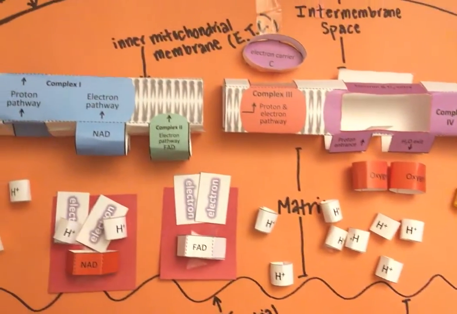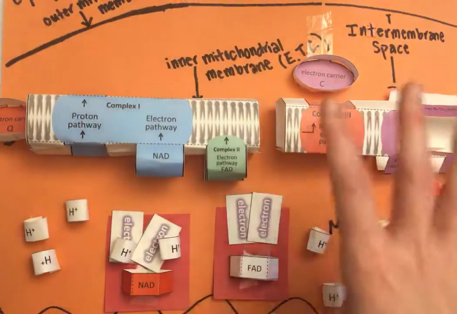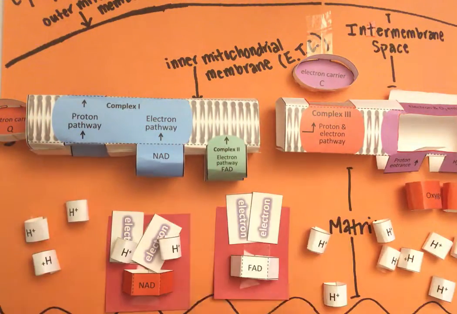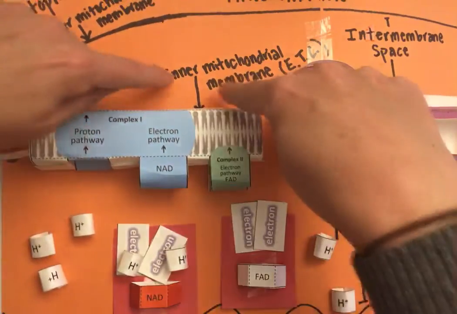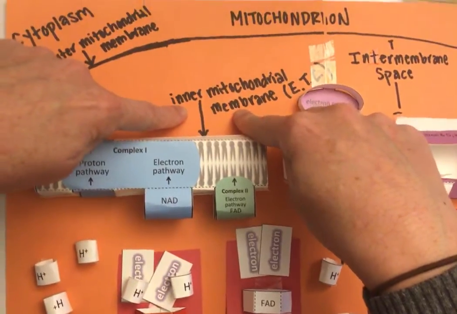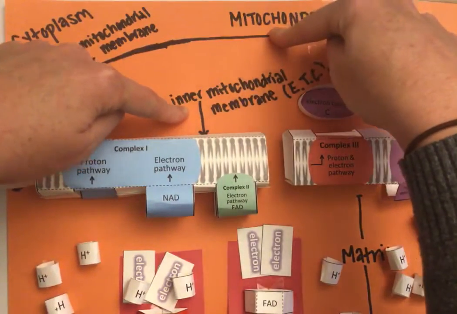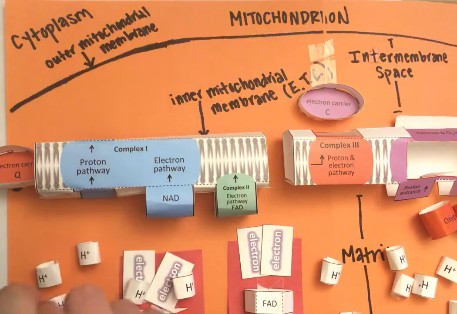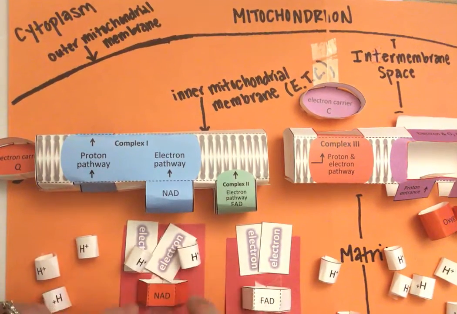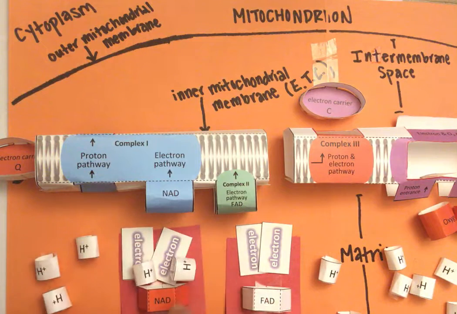Quick walkthrough showing your 3D version. By the time we are here at the electron transport chain in the inner mitochondrial membrane of the mitochondrion, we have already done glycolysis and broken glucose in half and made a little bit of NADH from NAD.